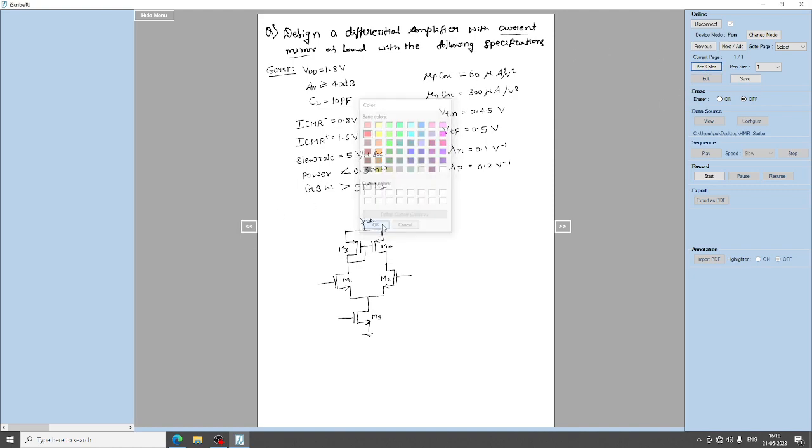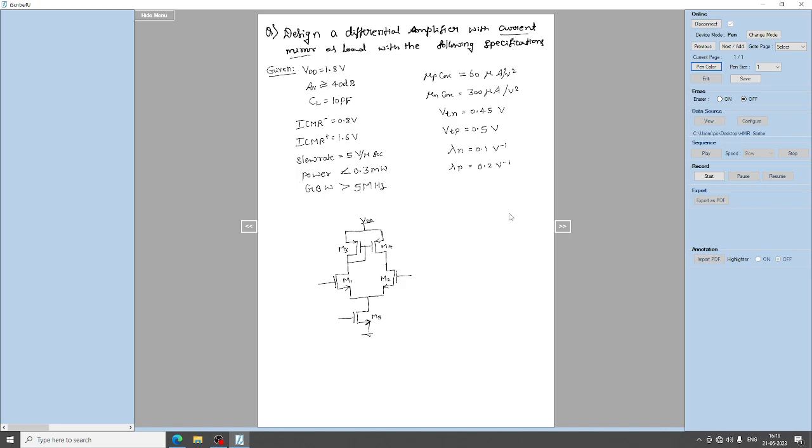The circuits we have discussed earlier were with the resistive load during the characterization. So here the question is you have to design with the current mirror load with the following specification.